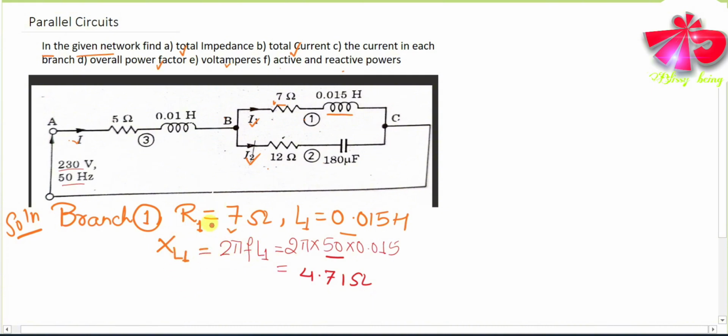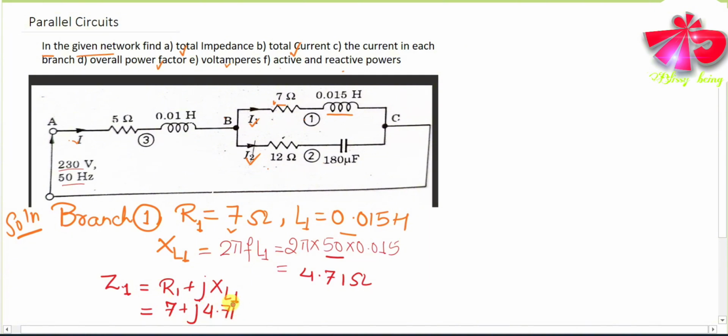Now you have identified this, and you know the impedance of an RL circuit. You have to remember that the impedance of a series RL circuit is R plus jXL. So R1 plus jXL1. Now you can write R1 is 7 plus j, XL1 is 4.71.